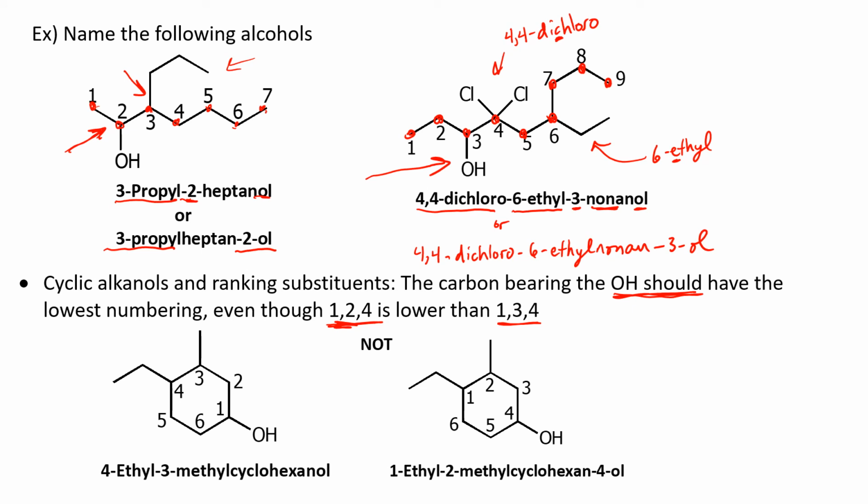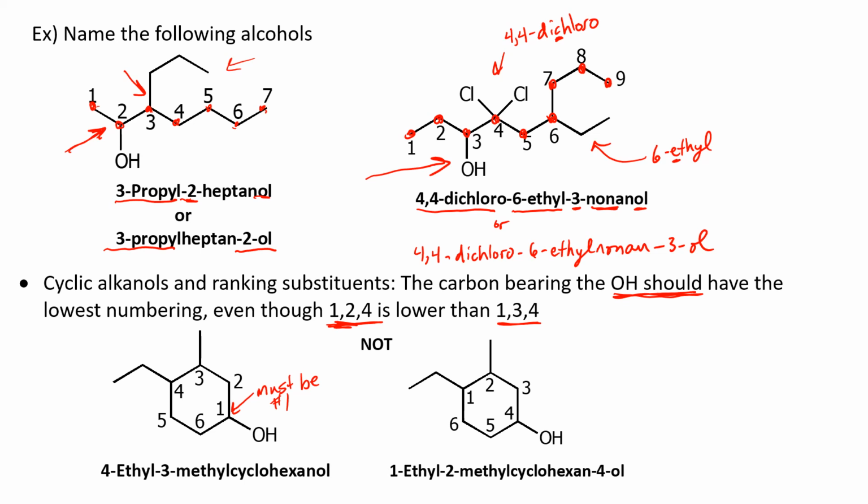We have to give that alcohol the number 1 position. That's the rule. And because the rule says it must be number 1, you can exclude the locant 1 from the name, but it is also perfectly correct to put it in.